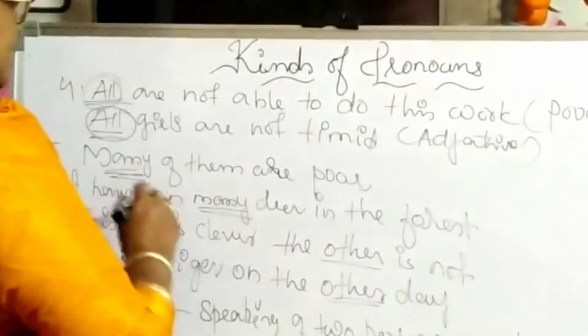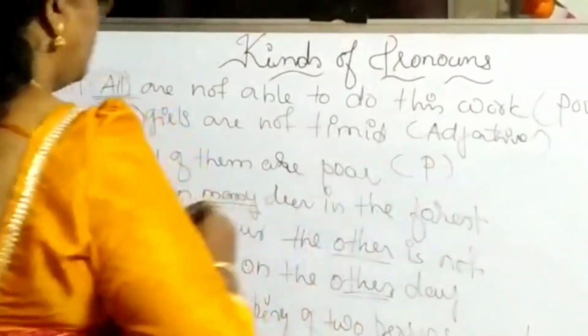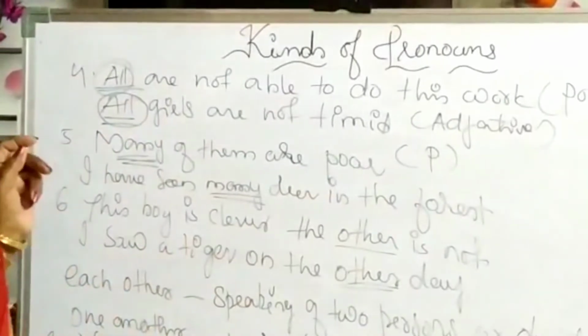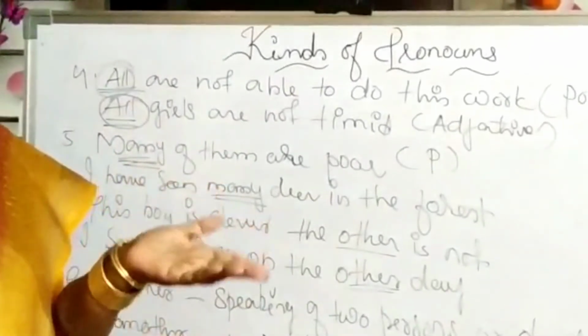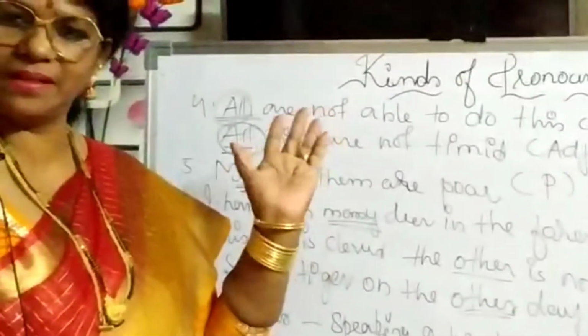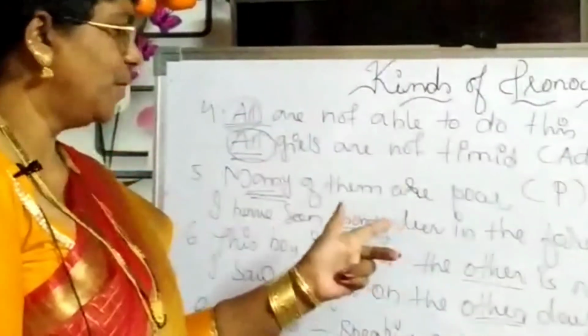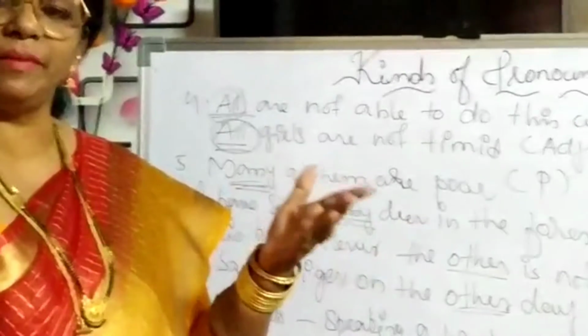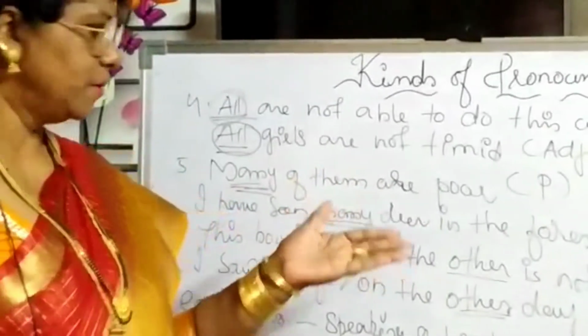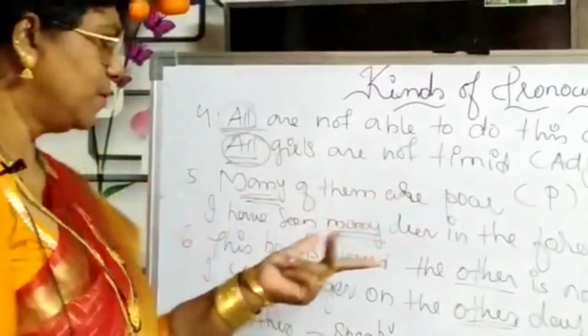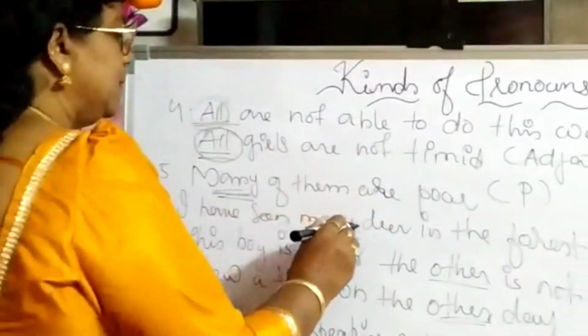Here this "many" is a pronoun. And, I have seen many deer in the forest. Why do we use "many deer"? Because in the earlier class on masculine and feminine gender, I gave certain uncommon genders. For singular and plural, it is deer only. So I have seen many deer.